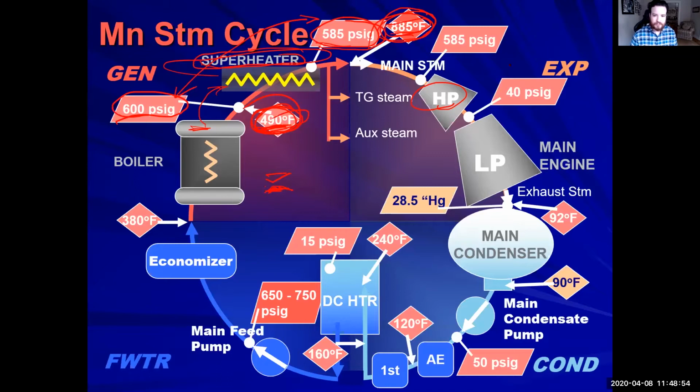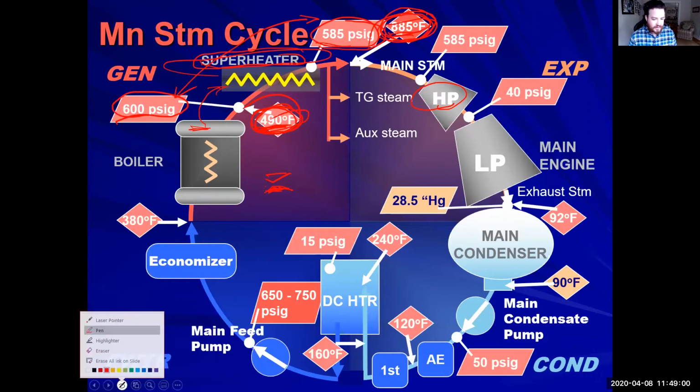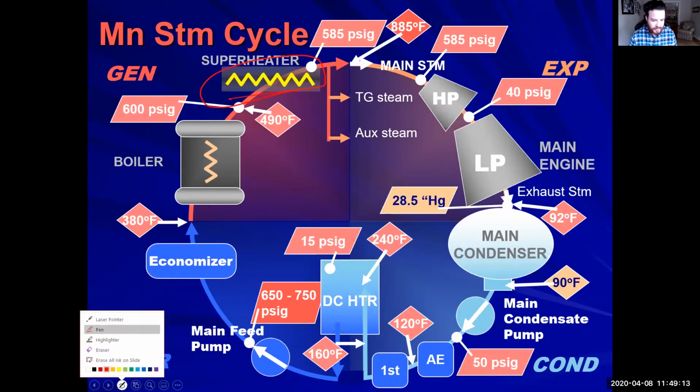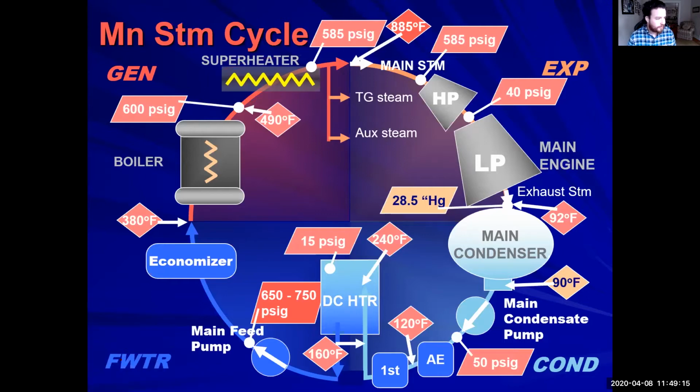All right? And what we are ensuring with these high temperatures is that we will not have any water molecules hidden in our steam. It's superheated. It's superheated through our superheater. Like I said, engineers like to label things for what they do.